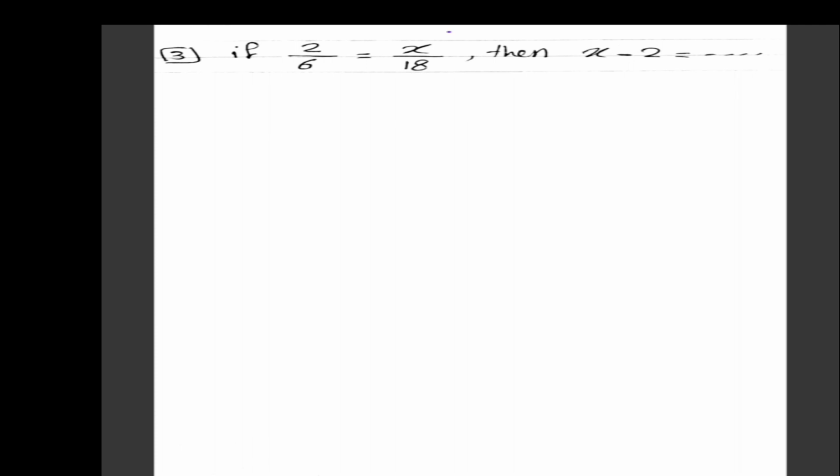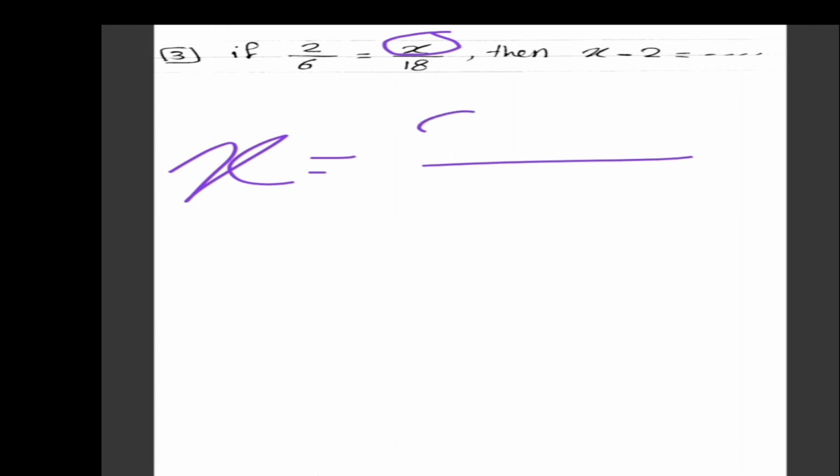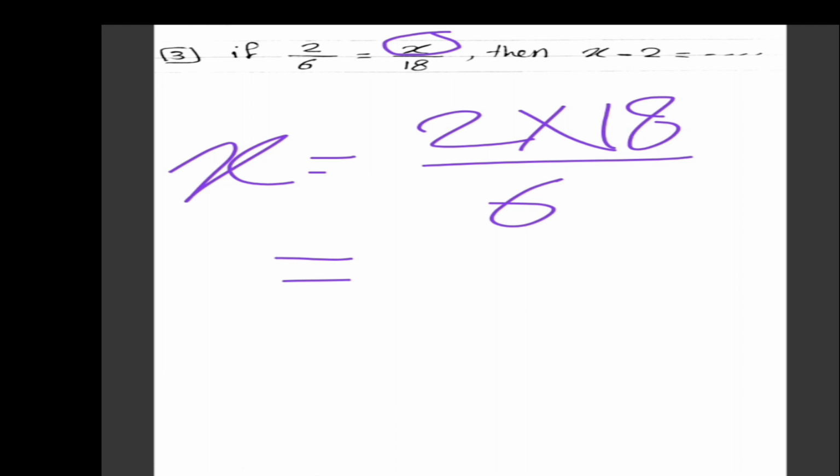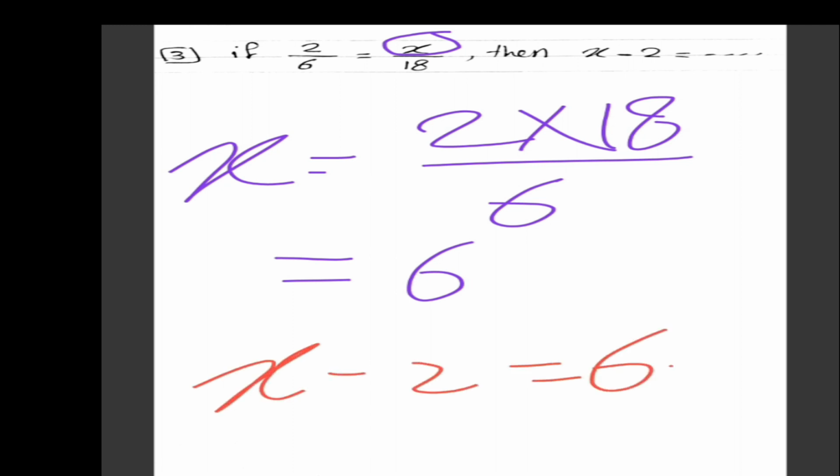To get the value of x we make a cross: 2 times 18 over 6. So the answer will be 6. Then he wants the value of x minus 2. As we put the value of x, 6 minus 2 equals 4.